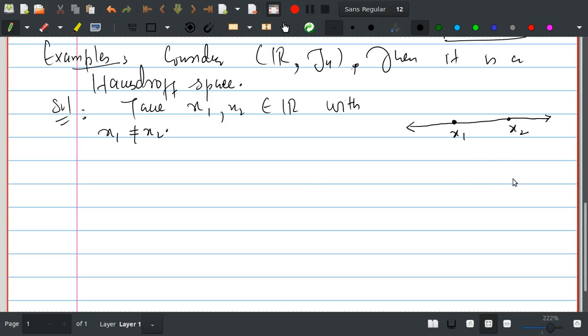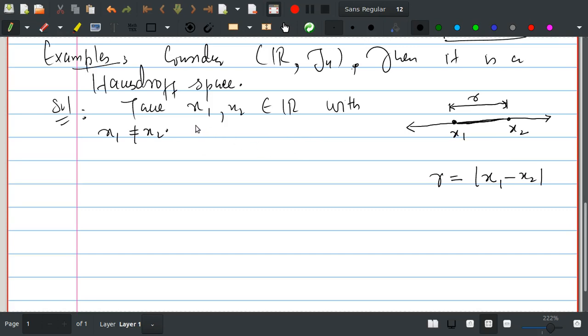So the distance between x1 and x2 is the absolute value of x1 minus x2. Let this distance be r. This r is a positive real number, because x1 and x2 are not equal.